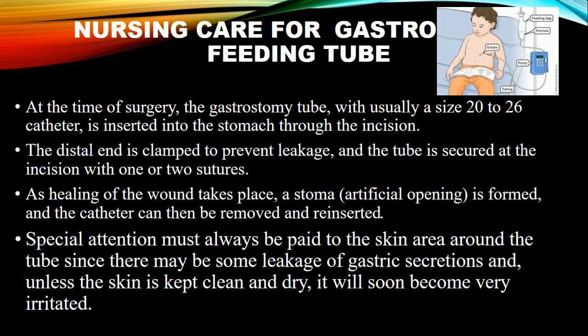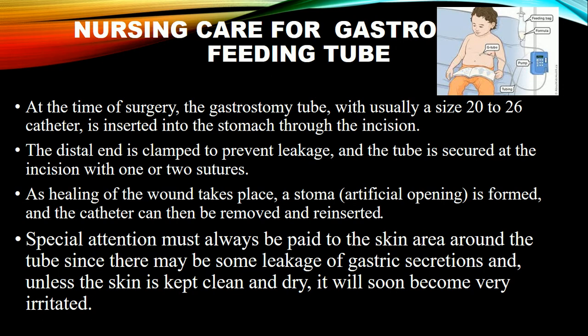At the time of surgery, what we usually do is insert the gastrostomy tube, usually a 20 to 26 catheter, into the stoma through the incision. So we have two things here: a gastrostomy tube, and it is inserted inside through the catheter.